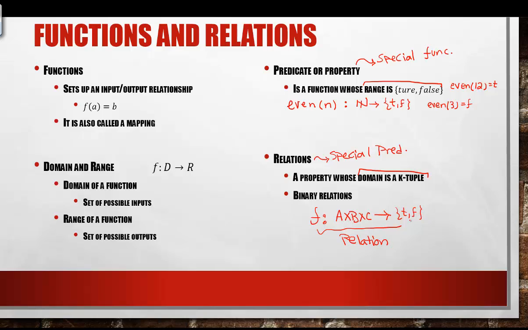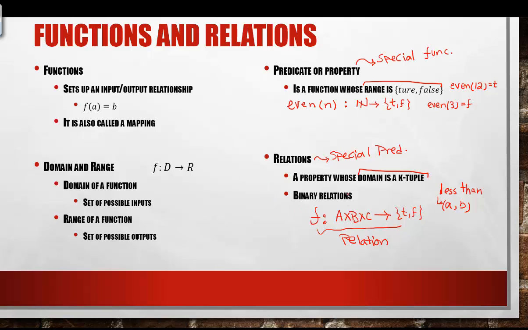For example, less than is a predicate because it takes an input and it generates true or false, but it's also a relation. Less than is a relation because it takes A and B, for example, and returns true or false depending on whether A is less than B or A is greater than B. We can use this for both binary functions and binary relations.